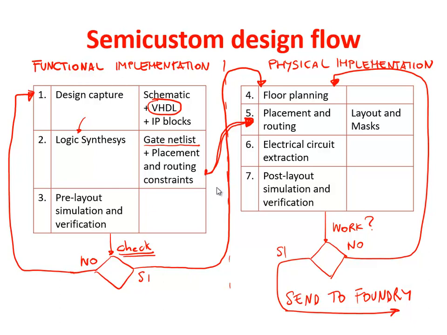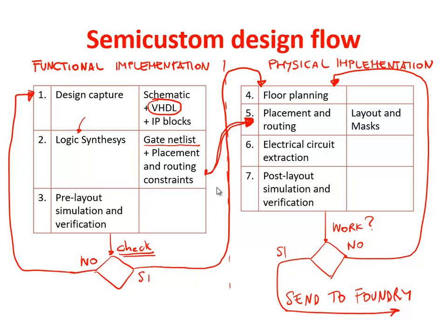So, just to summarize, this is the block diagram of the design flow for semi-custom design. Let's try to follow it completely. In the case of semi-custom design, of course, it's useful to separate the design into phases.